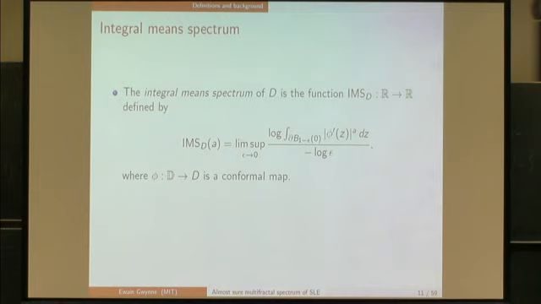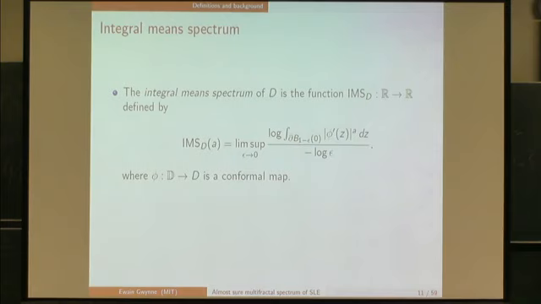If we have a simply connected domain D in the complex plane and a conformal map phi from the unit disk into D as before, the integral mean spectrum is defined to be the asymptotic behavior of the average of phi prime to the A as epsilon goes to 0 for a given real number A. It's natural to think that this should be related to the multifractal spectrum, because this is the average growth rate of the derivative of phi, whereas the multifractal spectrum gives the size of the set of points where it has a given growth rate.